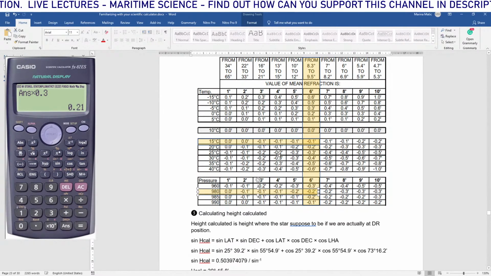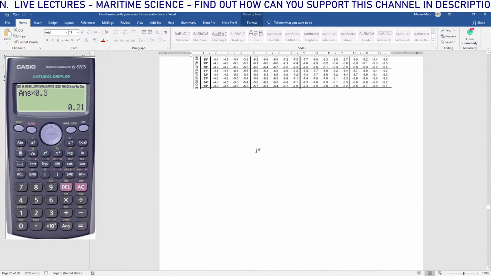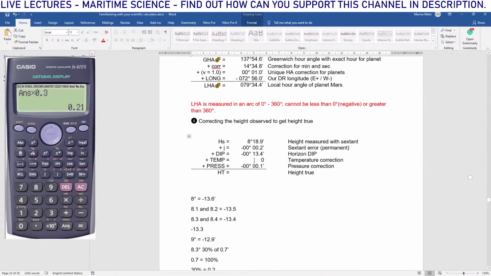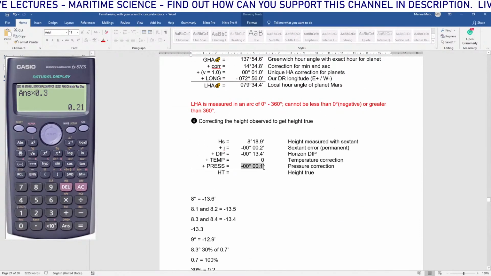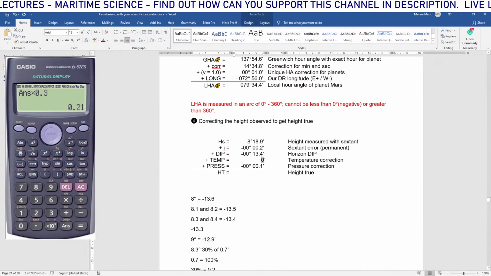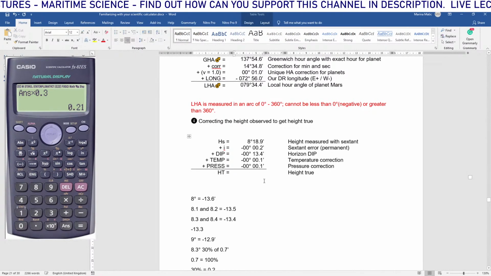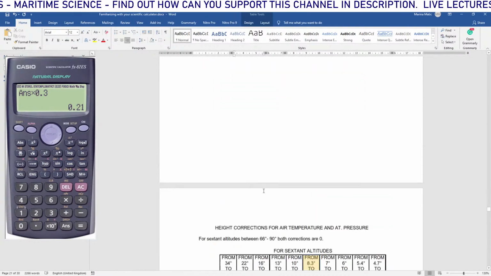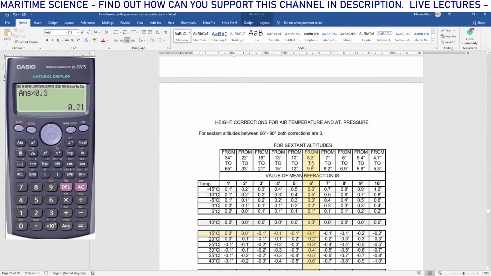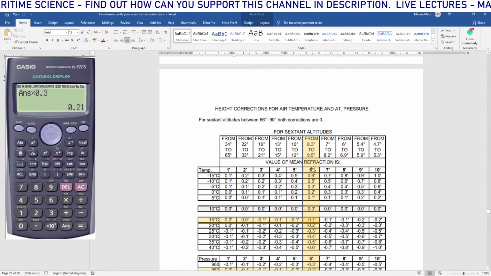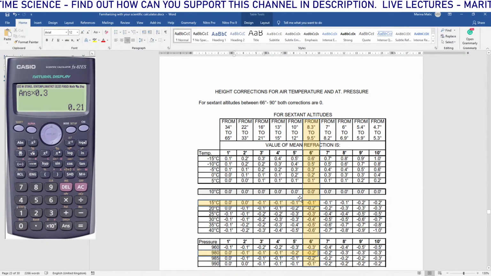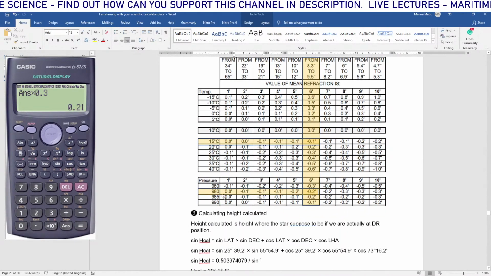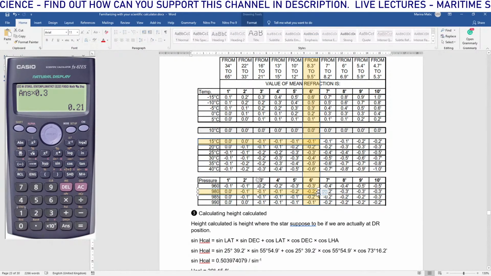So we have both corrections, -0.1, -0.2. So this one is copy, this one is -1, and this one is -2. So how did we get that? We enter the column for latitudes between 8.3 and 9.5, and we enter from the left with temperature and from the left with pressure, and we read out the value.